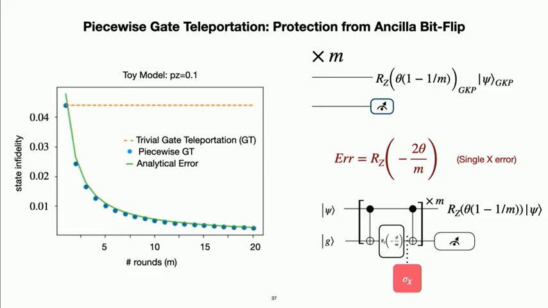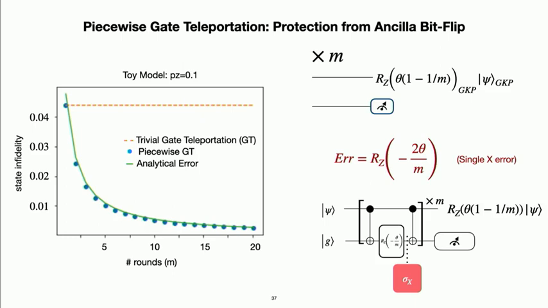Here I've done a simulation which shows that I'm able to beat the increase in the probability of errors by the decrease in the infidelity that is avoided by this increase in m. So what I do here is I'm running this circuit as if the control x gate here was not instantaneous, and I could have sigma x errors during this gate.